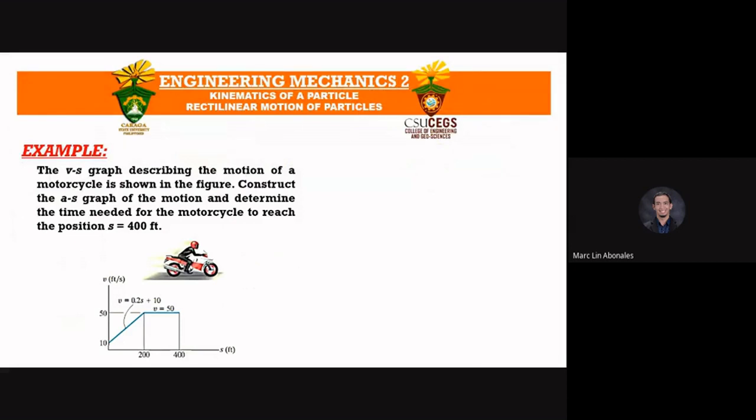Okay, so after we construct the AS graph, we need to determine the time needed for the motorcycle to reach the position 400 feet. It is just a continuation of our solution for this problem.